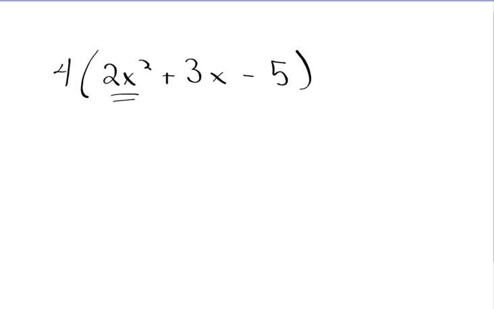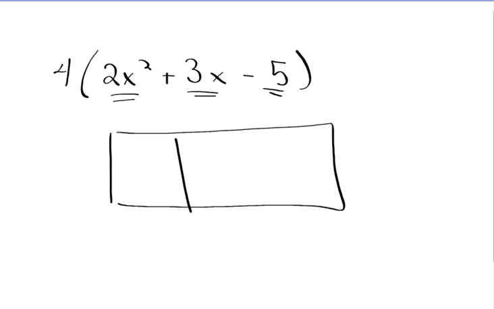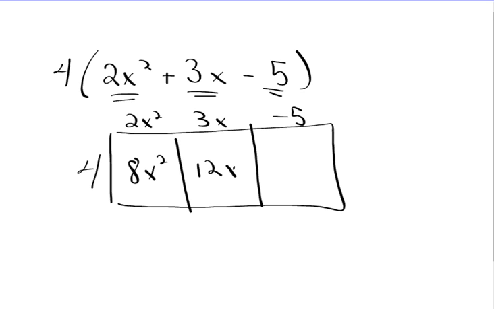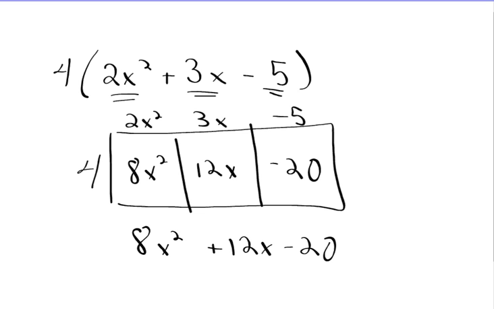Well, I have 3 terms inside my parentheses, so my box is going to have 3 squares. 4 is on the outside, 2x squared, 3x, negative 5. Build my area, 8x squared, 12x, negative 20. And so I get 8x squared plus 12x minus 20.